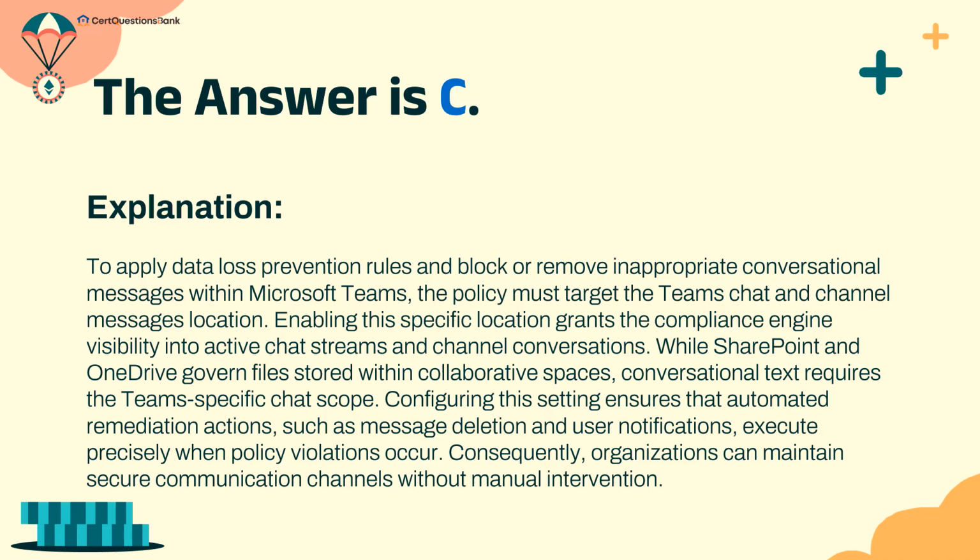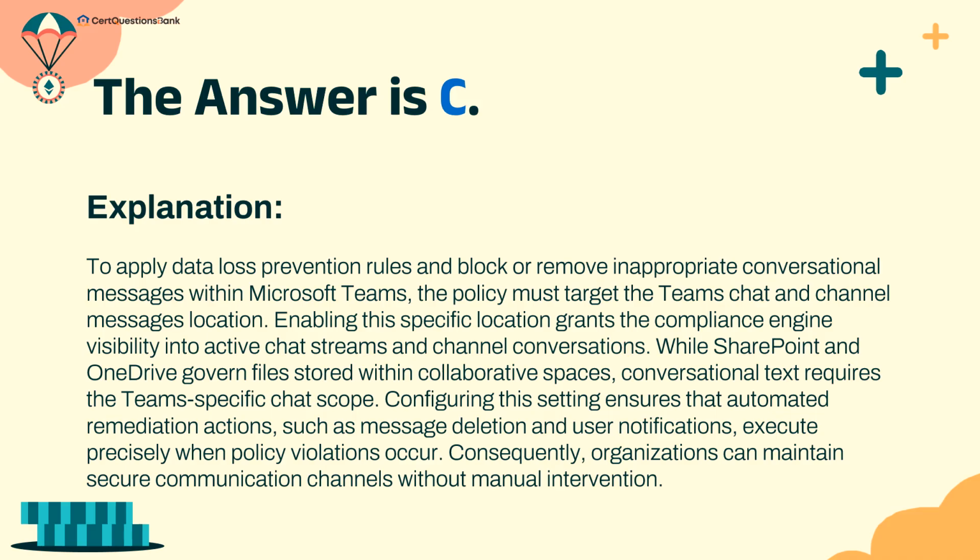To apply data loss prevention rules and block or remove inappropriate conversational messages within Microsoft Teams, the policy must target the Teams chat and channel messages location. Enabling this specific location grants the compliance engine visibility into active chat streams and channel conversations.